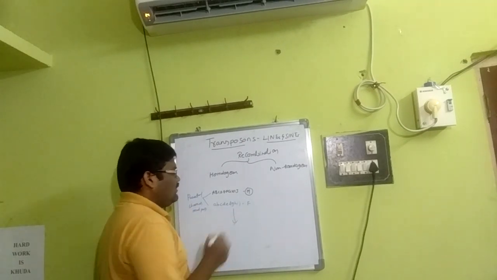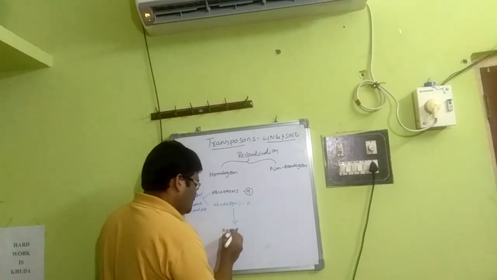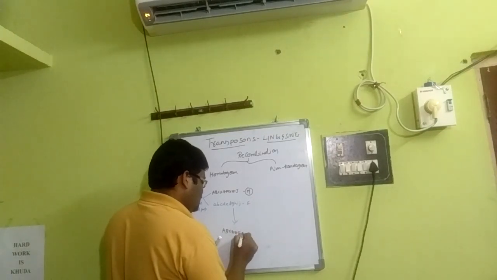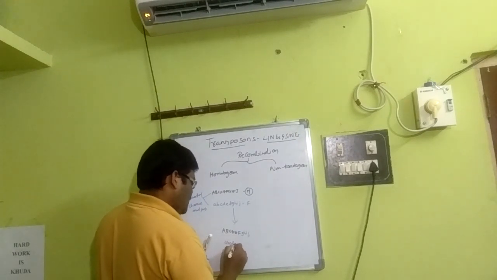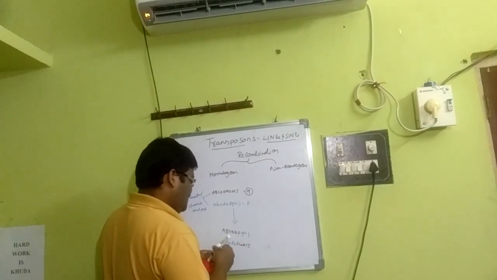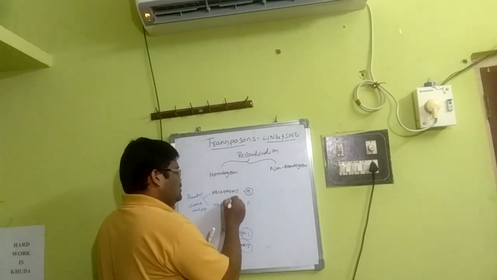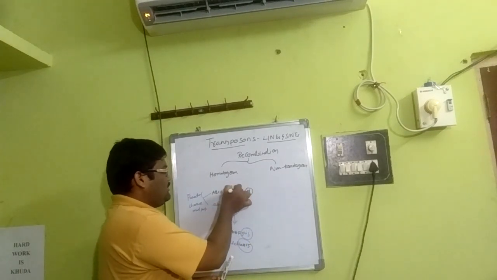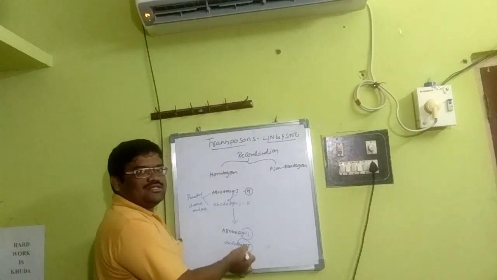Then recombination results in a particular segment being exchanged between these two, one from mother and one from father, resulting in homologous recombination.